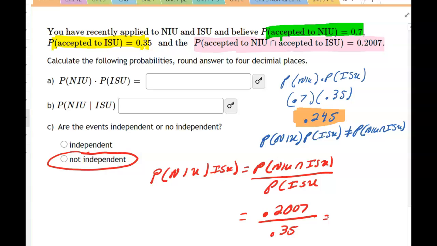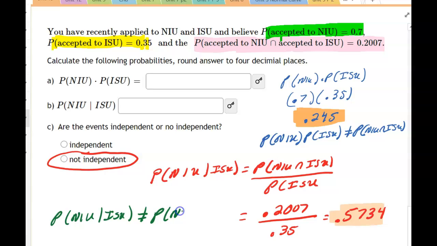Dividing those two numbers, you get 0.5734. And this number here is not the same as the probability of NIU. So since the probability of NIU given Illinois State is not equal to the probability of NIU, that confirms that they are not independent. And as I said previously, you only need to do one or the other to justify independence.